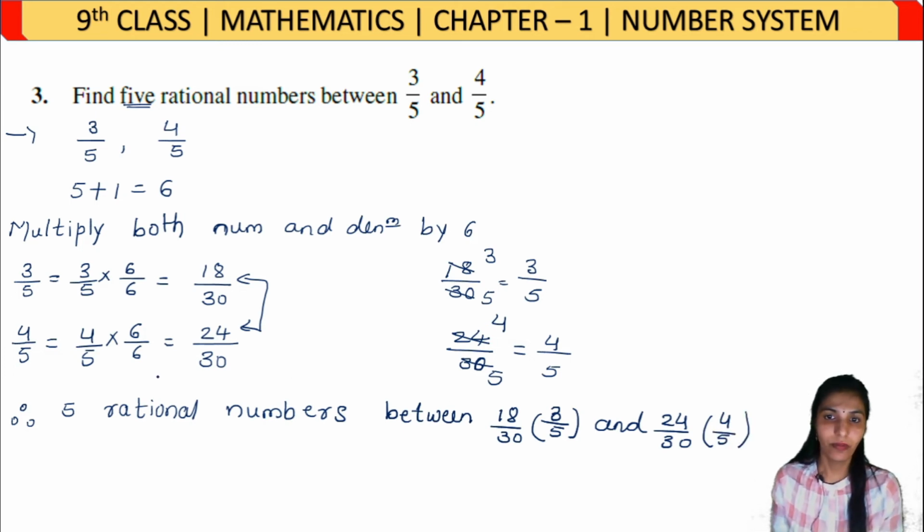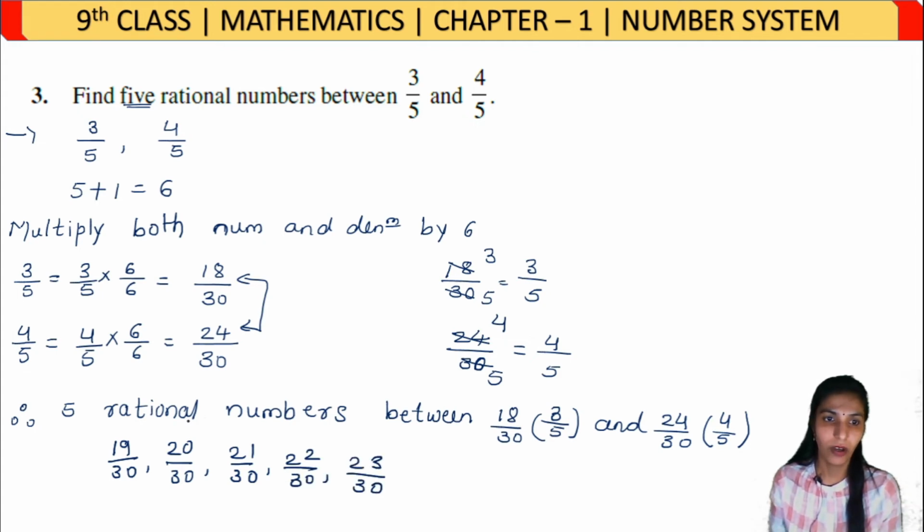And now after 18 by 30: 19 by 30, 20 by 30, 21 by 30, 22 by 30, 23 by 30. Now check it out: 1, 2, 3, 4, 5. These are the rational numbers between 3 by 5 and 4 by 5.